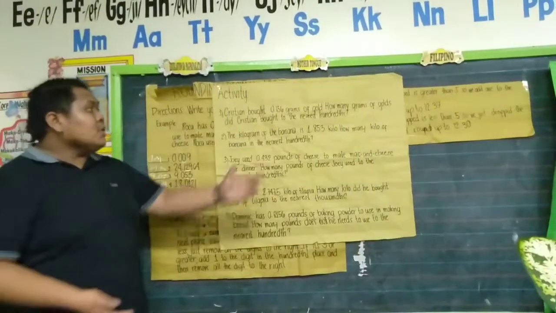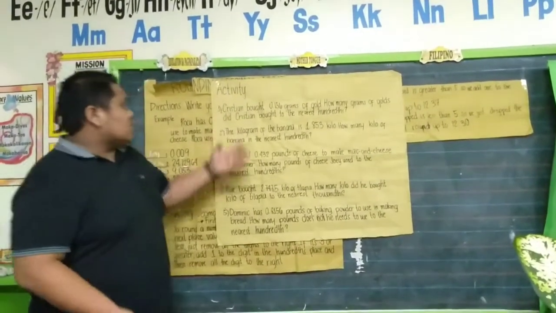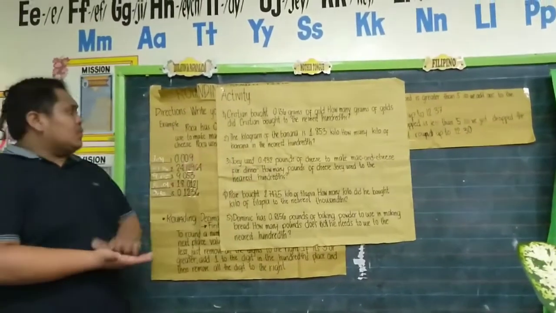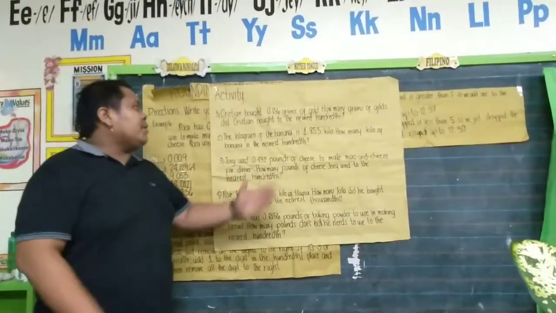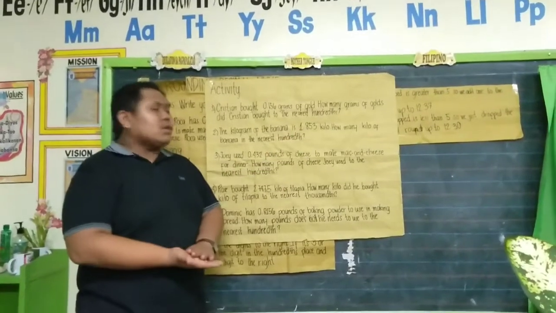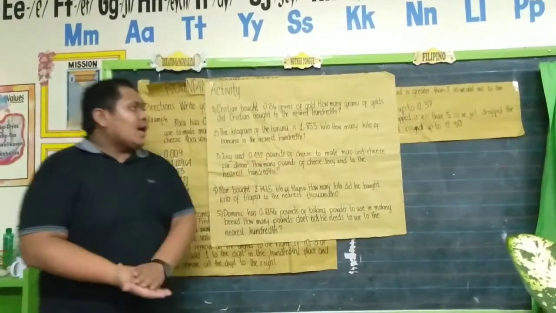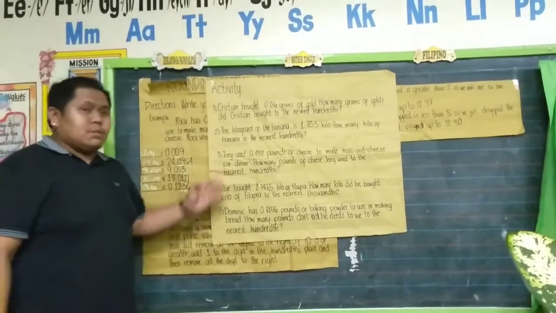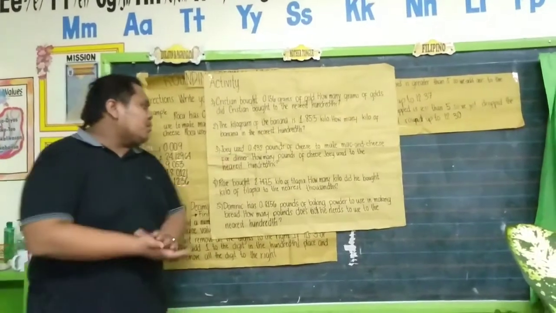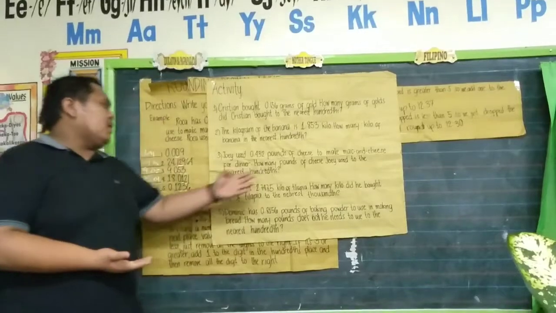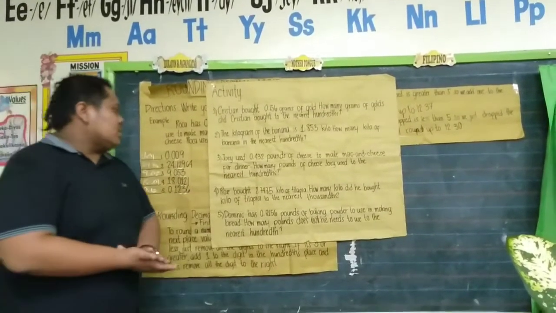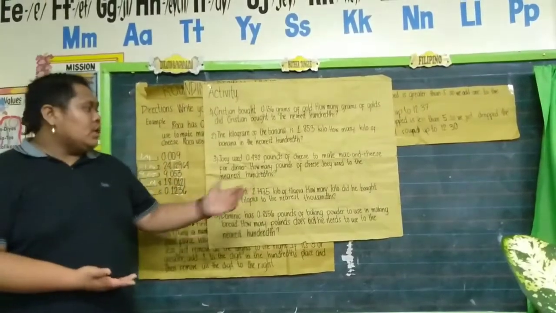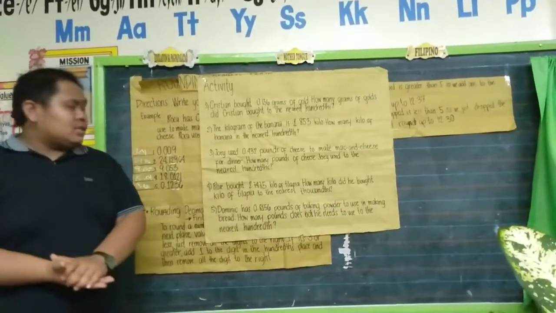How many grams of gold did Christian buy to the nearest hundredths? Number 2. The kilogram of the banana is 1.853 kilo. How many kilo of banana is the nearest hundredths? Number 3. Joey used 0.432 pounds of cheese to make mac and cheese for dinner. How many pounds of cheese did Joey use to the nearest hundredths?